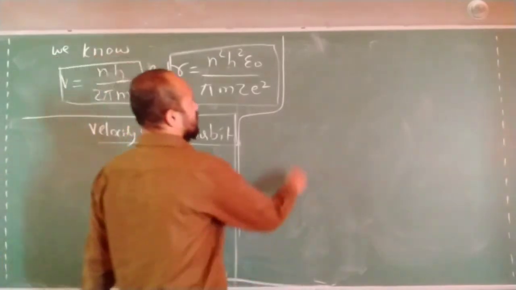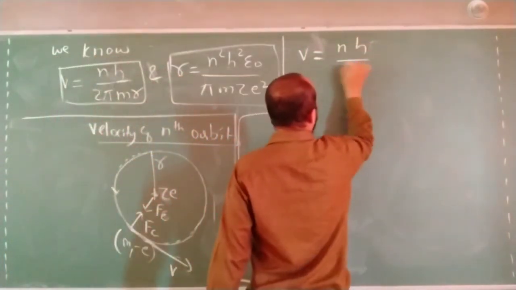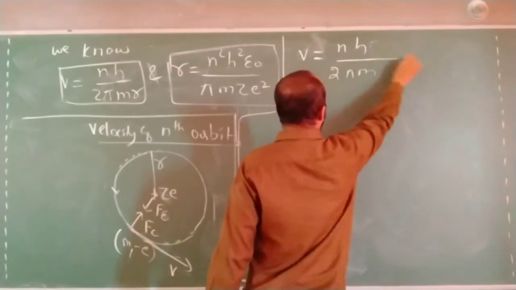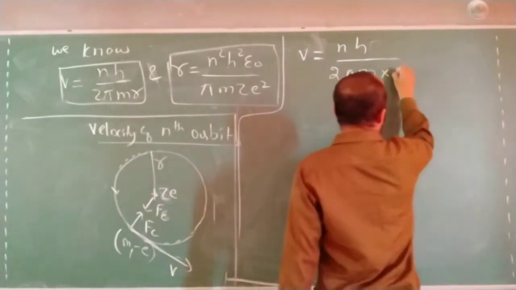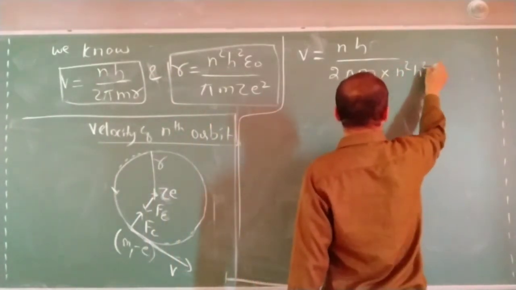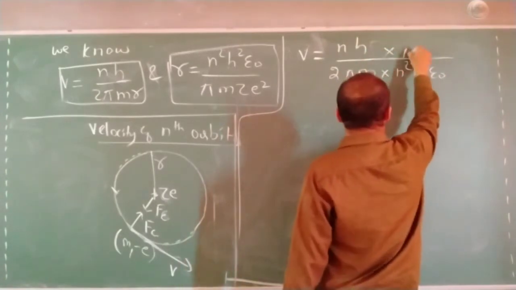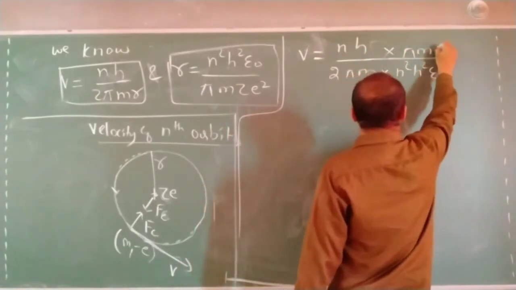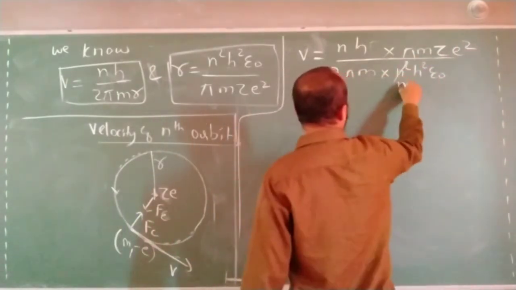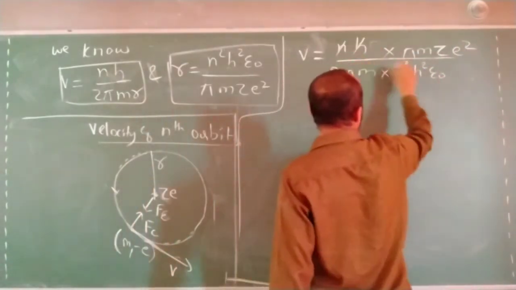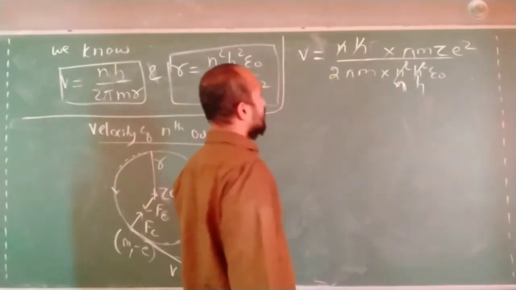This equation becomes v is equal to nh by 2 pi m into r. I am substituting r, which is n square h square epsilon naught, and above that you will get pi into m into z e square. Okay? Here one n is getting cancelled, one h is getting cancelled, remaining is one h and one n. Okay? Then what else?